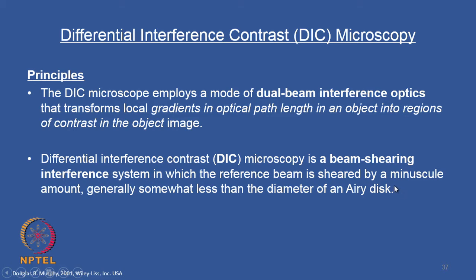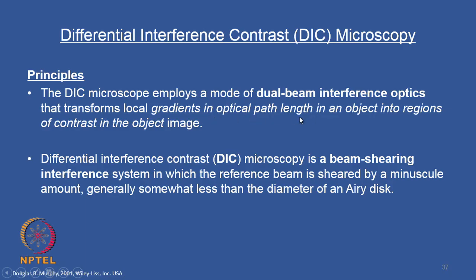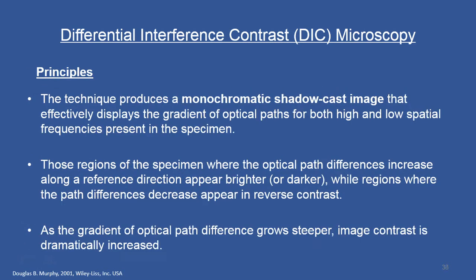So please remember, in contrast to phase contrast microscopy, this is an optical system viewing the gradients in the optical path length in an object. That is, it converts the gradients in the optical path length into contrast in the image. We will see how this is carried out.